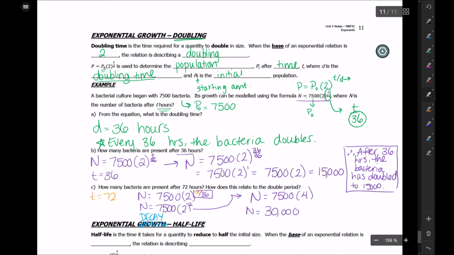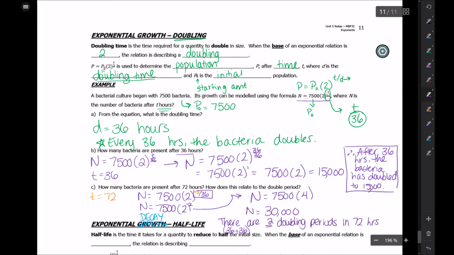Okay, so we can say that this 30,000 right here is double this 15,000 that we got right here. And that should make sense because after 36 hours, it'll double once. And then after 72 hours, it'll double again. Okay, so that means that there are 2 doubling periods. So we can say right here, there are 2 doubling periods in 72 hours, because 36 plus 36 is 72.